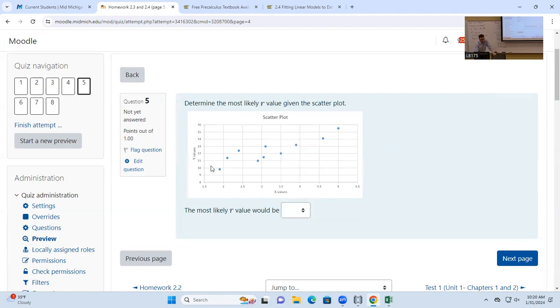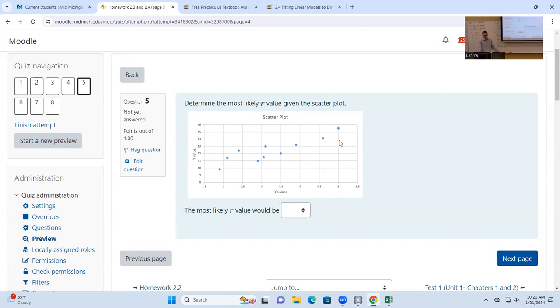Well, if it kind of looks like a line but it's not a perfect line, it would be 1 or -1, right? A really bad fit would mean there'd be dots all over the place. So things that are close to 0 would be dots all over the place.